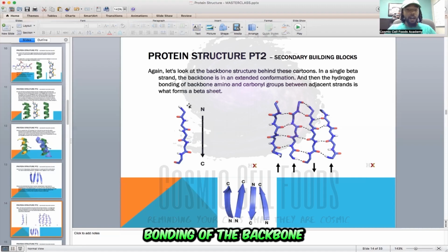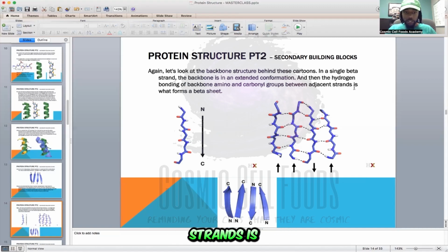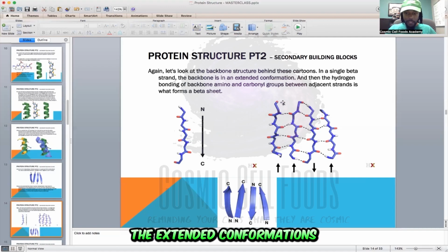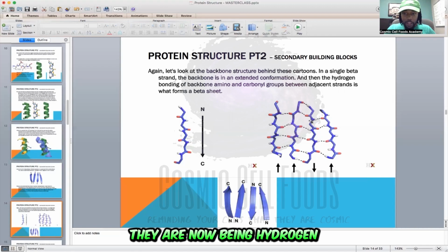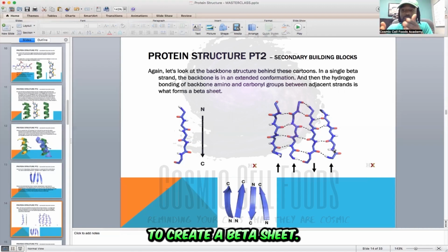And the hydrogen bonding of the backbone amino groups and carbonyl groups between adjacent strands is what forms a beta sheet, as I just explained. So we see here the extended conformations of these structures. They are now being bonded together, as we see here on the dotted lines. They are now being hydrogen bonded together to create a beta sheet.